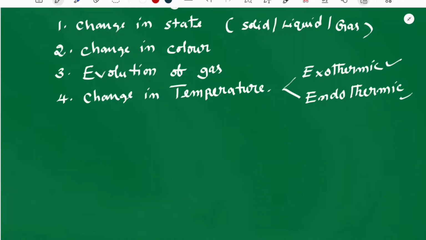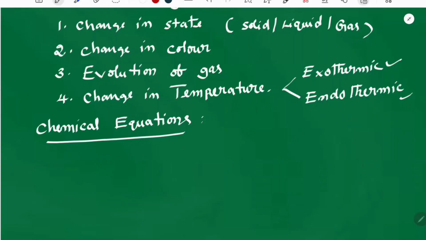Okay, so next we are going to discuss the next topic, that is chemical equations. From activity 1.1, what did we discuss?